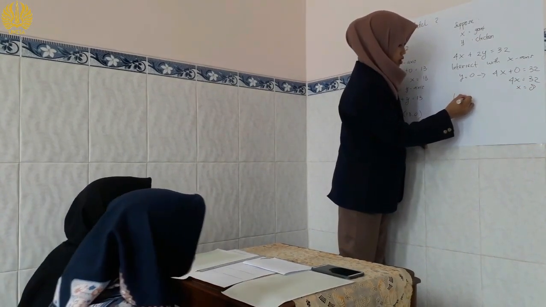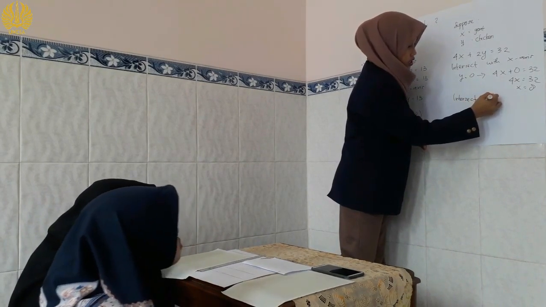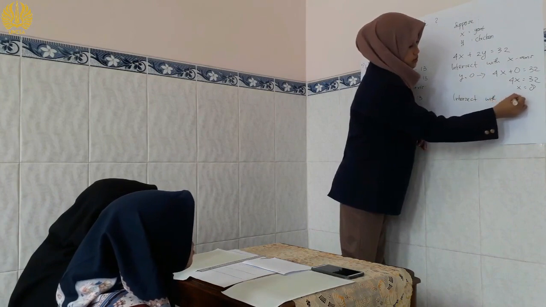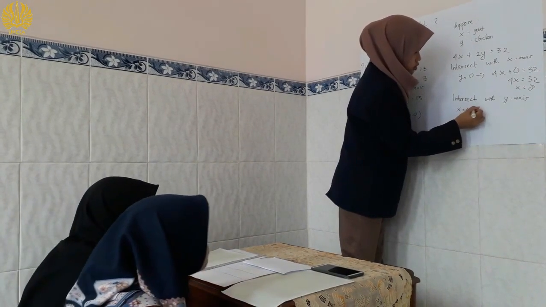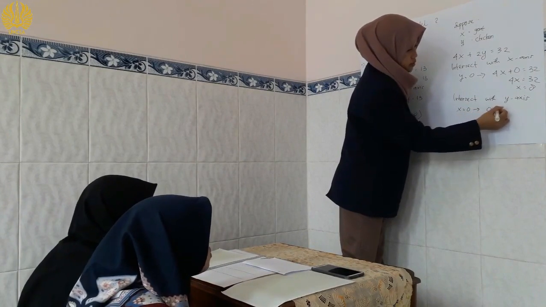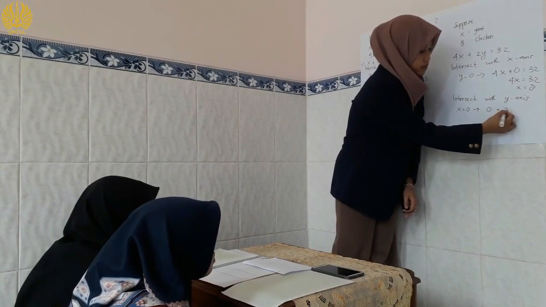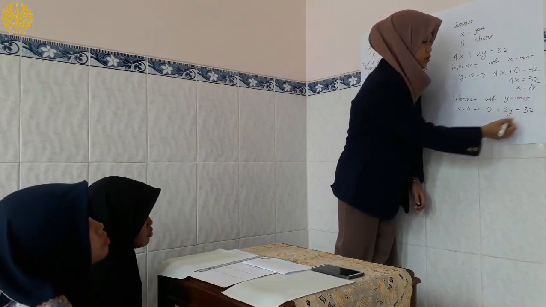Then how about the intersection with the y-axis? x is equal to 0, and then 0 plus 2y is equal to 32.